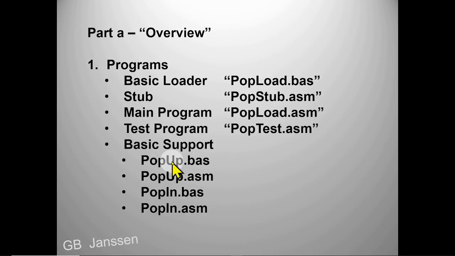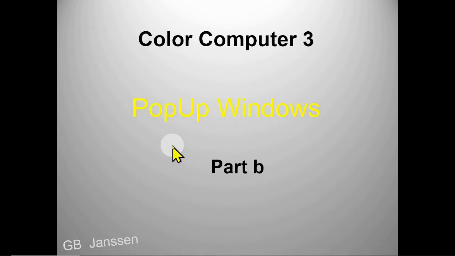So for the BASIC program, you would go to the ASM program here, and that will take you to the stub and main program and back accordingly. Same way with the pop-in: you'd go to this start program, set it all up, go to the stub and main program, and work its way back. It all works.